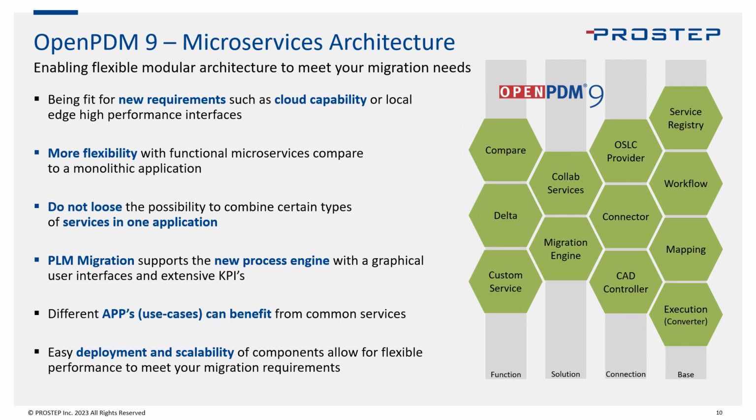With OpenPDM 9, we've switched to a more microservices architecture. This is about 3 years ago that we rolled out OpenPDM 9. And this enables you to keep components in various locations, right?